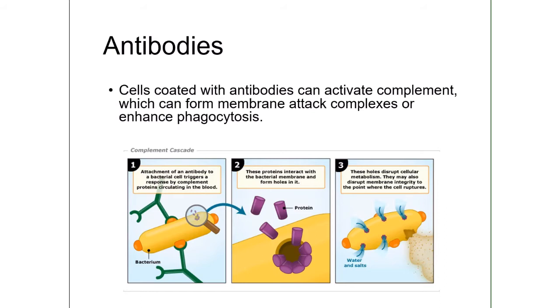The two kind of feed back on each other to enhance the immune response, right? Antibodies are supposed to be the adaptive immunity, but once you form the antibody, it could feed back to the innate immunity and cause you to make more membrane attack complexes, and then it will also enhance phagocytosis. So it's more like a network of response rather than a linear series of events.